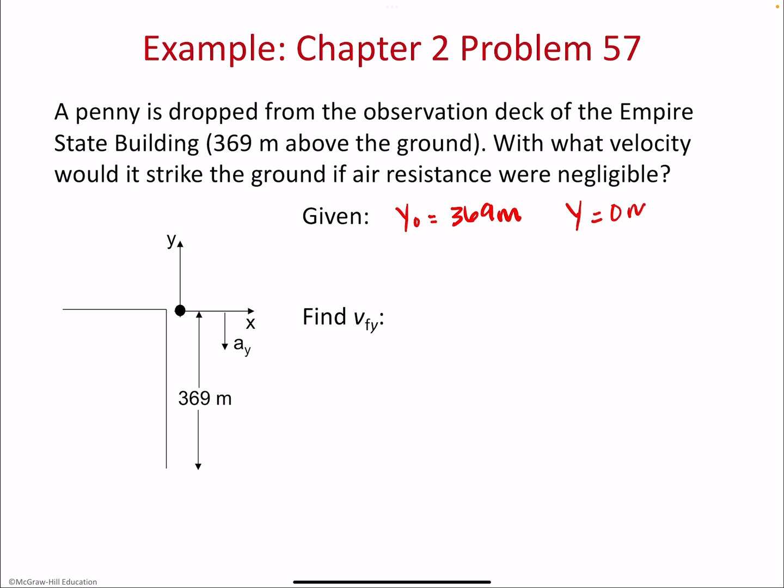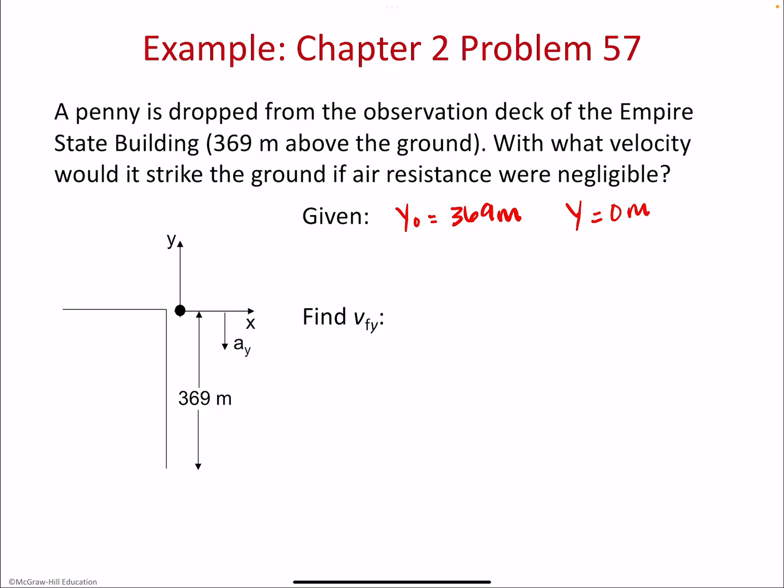I typically would say that you need to make the ground 0. If you would have made the top of the Empire State Building 0, then the final position would have been negative 369 because it would have fallen down in a negative distance, okay? Hopefully that makes sense.